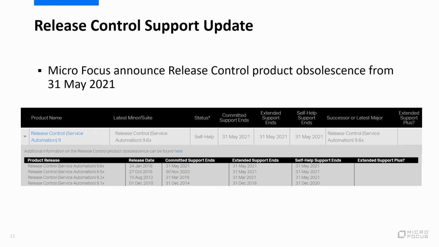So as a customer, you don't need to have a dedicated or specific release control Service Manager integration to provide comprehensive change control management. And you can completely leverage the native release control capability inside Service Manager to fulfill the same business needs.